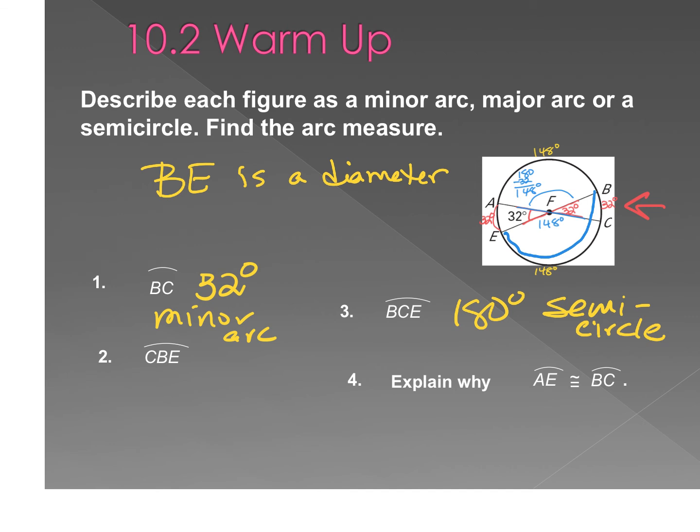And now let me go to number 2. They wanted CBE, so start here at C, and then go to B, and around to E. What we could do here is you could either do 360 minus the 148, or you could have also realized that you had a semicircle here, and then you could have just added 32 to it.